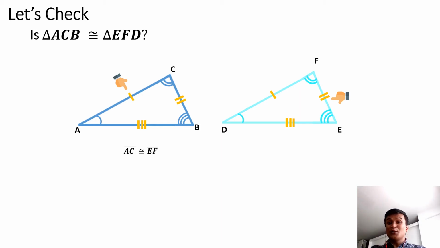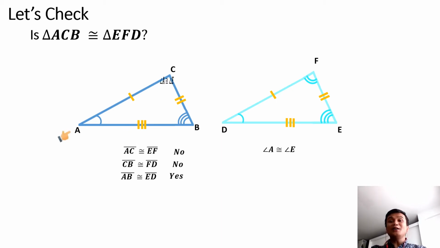Is it still congruent, yes or no? The answer is no. How about segment CB and segment FD? Is it congruent? No. How about segment AB and segment ED? Is it congruent? The answer is yes.